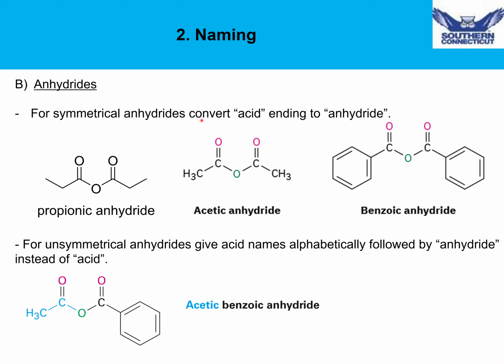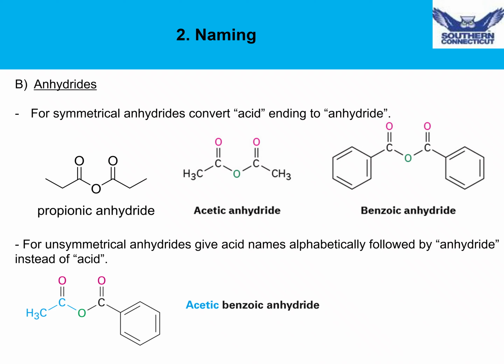Symmetrical anhydrides, as far as naming, we're going to change the acid ending of the carboxylic acid that is used to make that anhydride with the suffix anhydride. As an example, with this symmetrical anhydride, if we split it in half and turn each side into a carboxylic acid, we actually have 2 molecules of propanoic acid hidden within this anhydride.